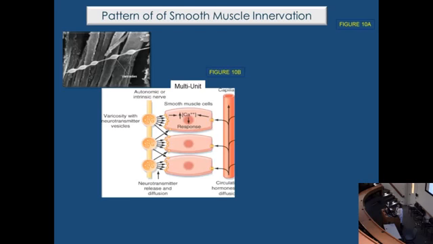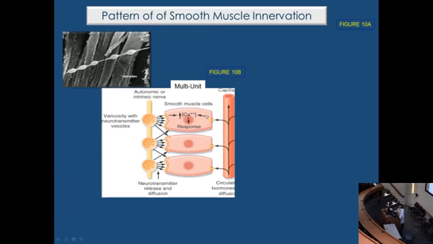Okay? So I have here that this pattern of innervation is very common in the multi-unit smooth muscle. You can see in this cartoon that one of the features of the multi-unit is that they don't have gap junctions.